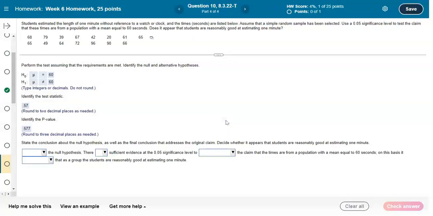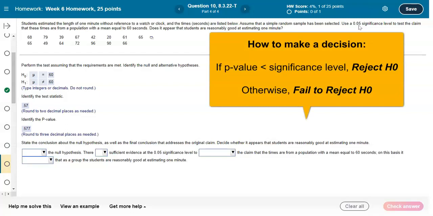So now we need to make a conclusion based on the results we just got. So the p-value here was 0.577. Remember, the way we make our conclusion is we're going to compare that p-value to our significance level, which was given in the question. They told us that for this question, we're going to use a significance level of 0.05. So the rule is, if the p-value is less than the significance level, you will reject H0, reject the null hypothesis.